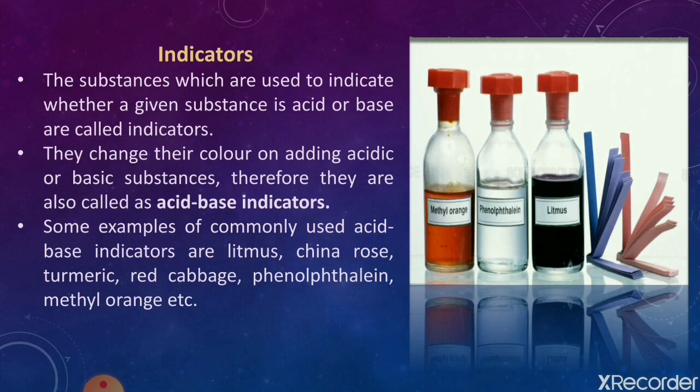Organic acids are very mild, very weak. That's why they are present in edible things that we eat, such as lemon, curd, milk and many fruits. But mineral acids are very strong acids and very corrosive in nature.